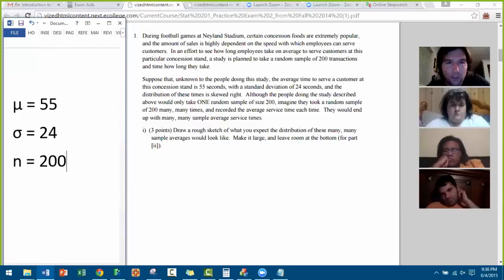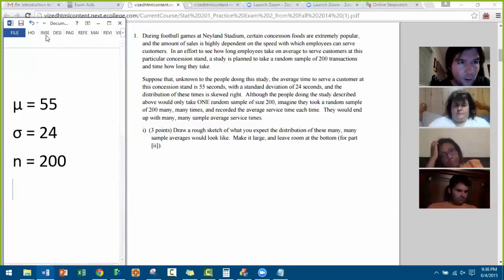imagine they took a random sample of 200 many, many times. Draw a rough sketch of what the distribution of the sample averages would be. This is where people got confused because the new standard error here is going to be, let's add in our old equation.